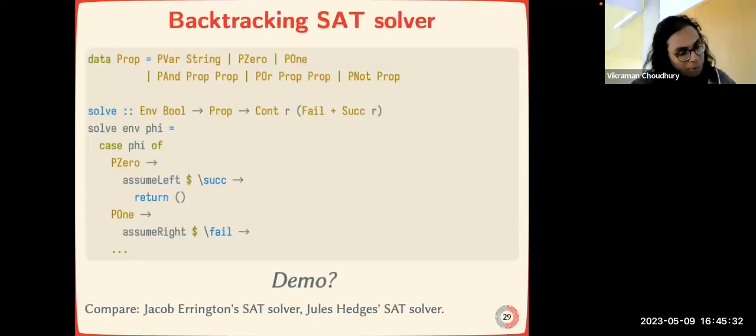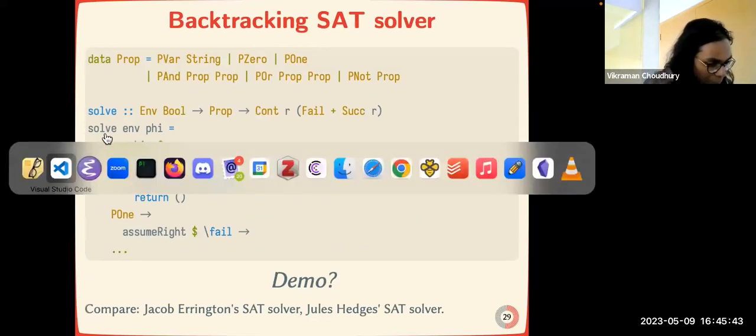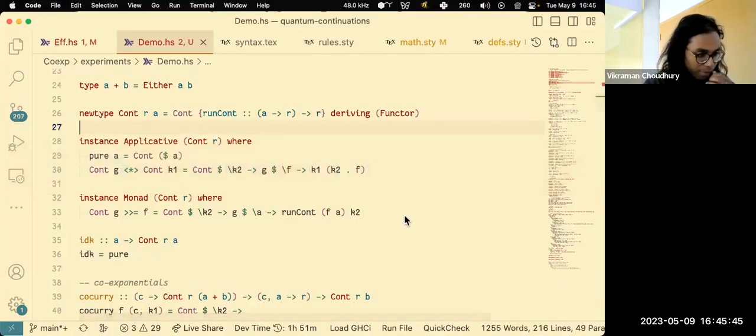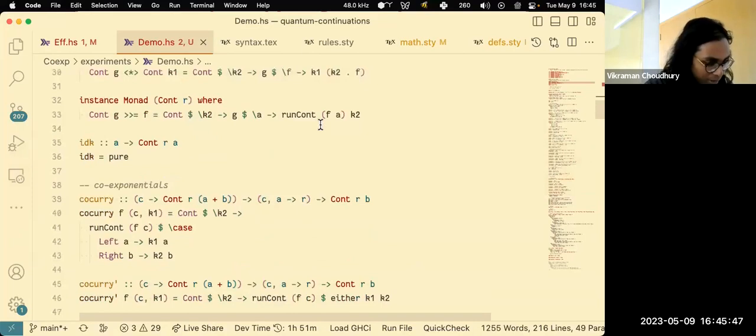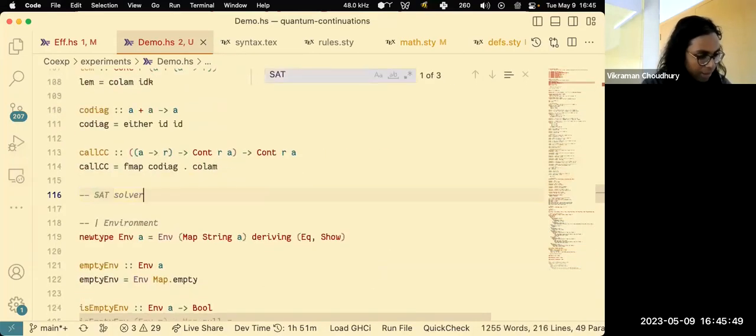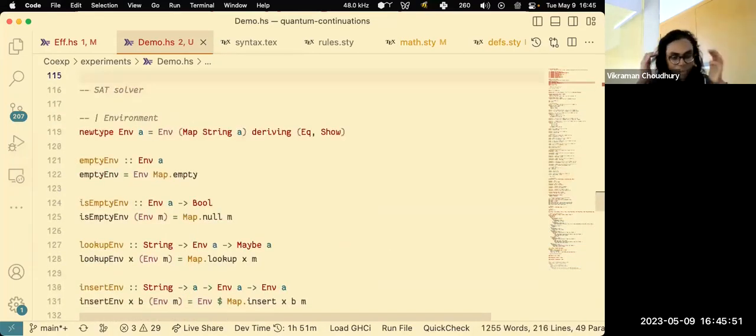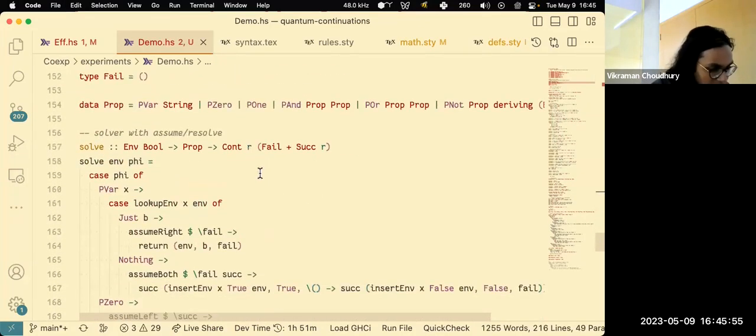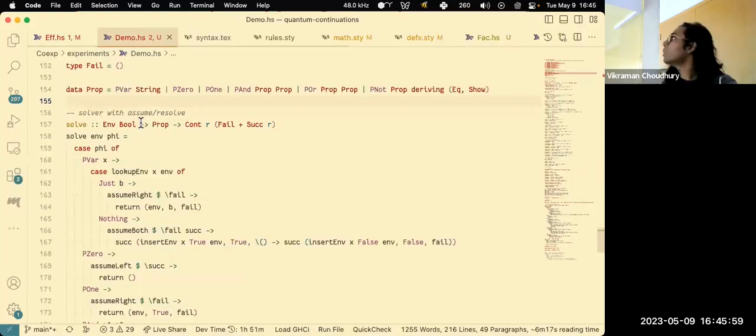So I wrote several programs using it. The biggest program that I wrote is a SAT solver. Maybe I'll quickly just show this demo. So this is a SAT solver which has environments and things, and we are trying to solve this Boolean proposition.